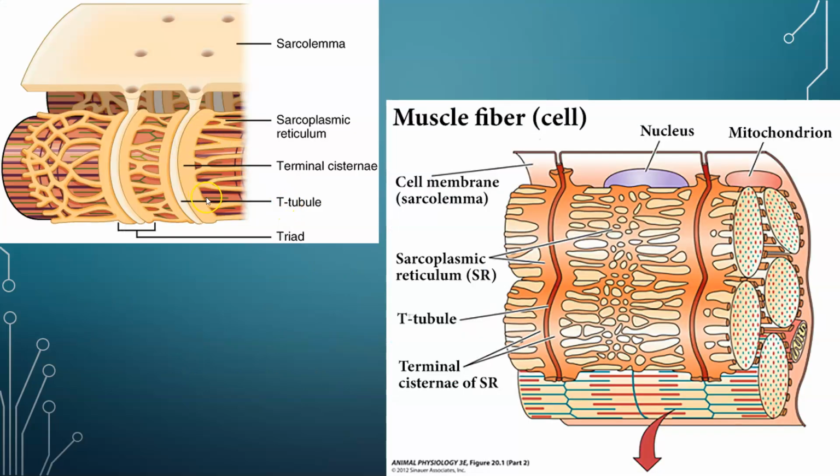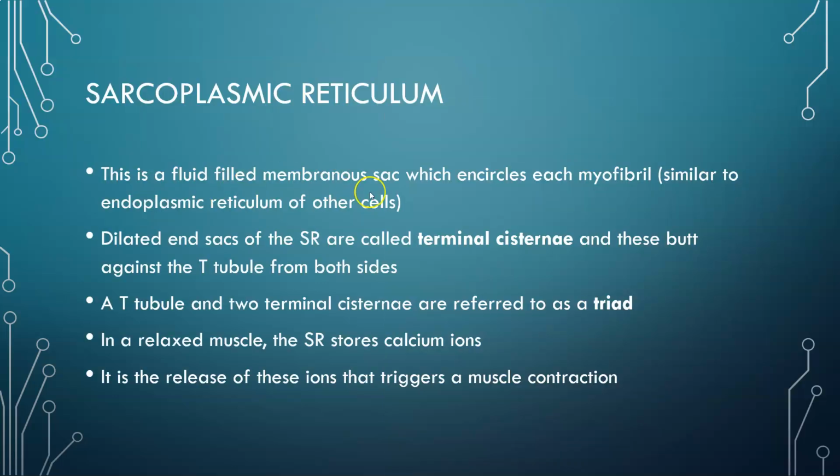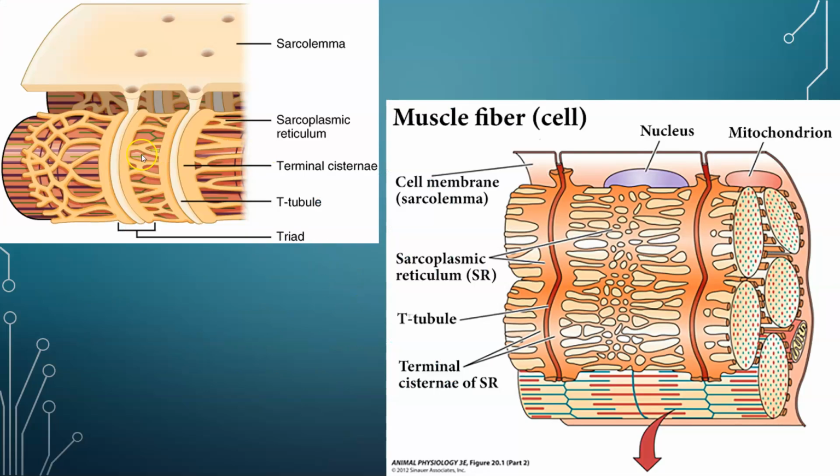So this tubular network that surrounds the sarcomeres is called the sarcoplasmic reticulum, and within it, you find fluid. At the ends of these, they're dilated, and these are known as terminal cisternae, and these butt against the T tubule. So our terminal cisternae are this thickened area here that lie very close to the T tubule.